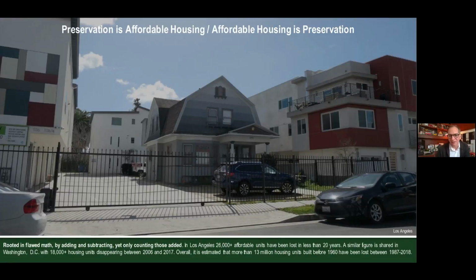So again, it's not often being tracked, what we're losing versus what we're gaining. To illustrate this, I am certainly not a math person, but I can do adding and subtracting. If you look at the track record of the number of affordable housing units we've lost, in Los Angeles it's 26,000 plus, in DC it's 18,000 plus, and over a period of time, nationally, 13 million housing units have been lost. Should all of those have been kept?